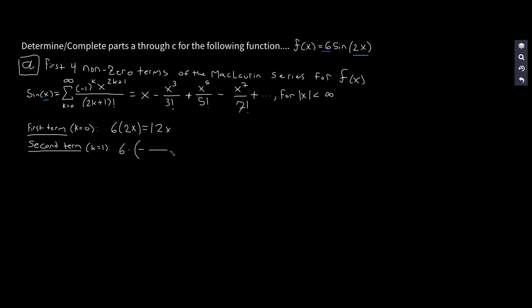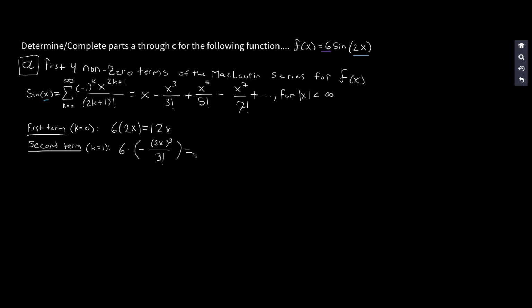And then same thing, everywhere that there's an x, we're going to put 2x, and then we're going to have to raise that to the third power. So we got negative 2x raised to the third power over 3 factorial.